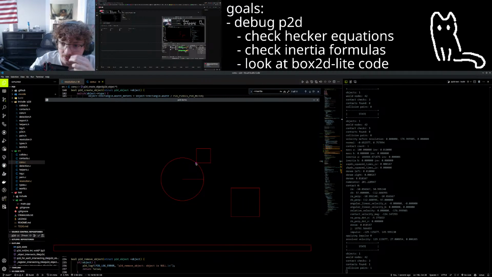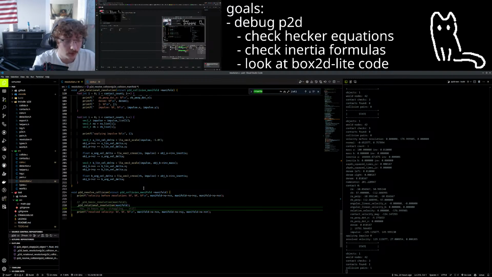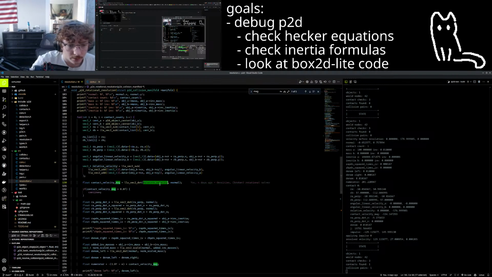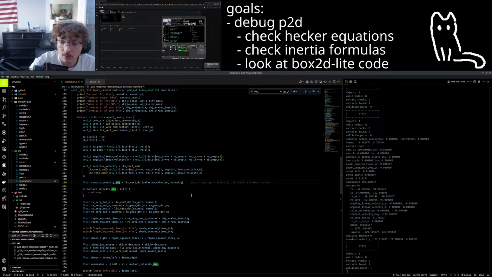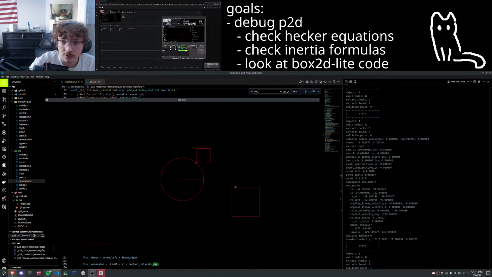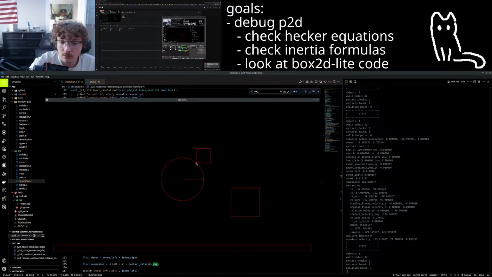The relative is 176. The contact velocity magnitude is 134. Which is the relative velocity dotted with the normal. Which the normal in this case is -x, +y. So I believe the normal in this case is coming from here into here is the collision. So that makes sense for the contact velocity magnitude.